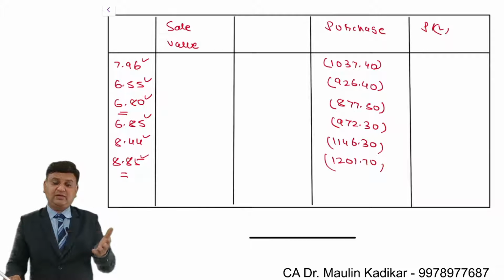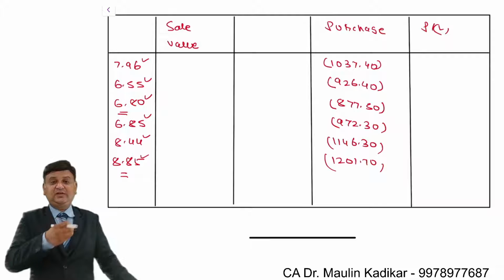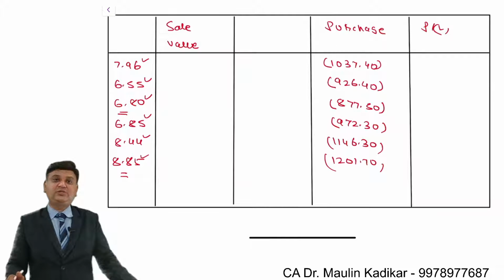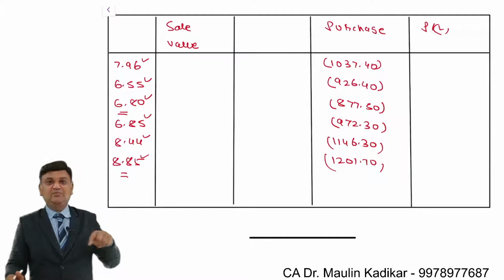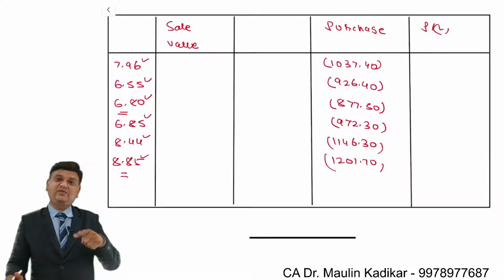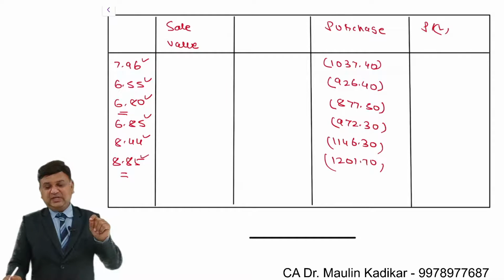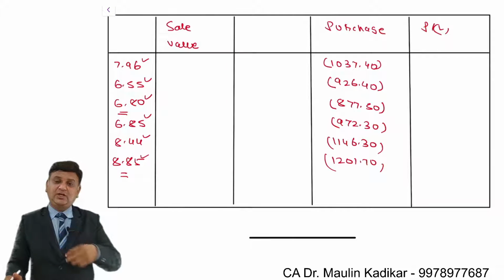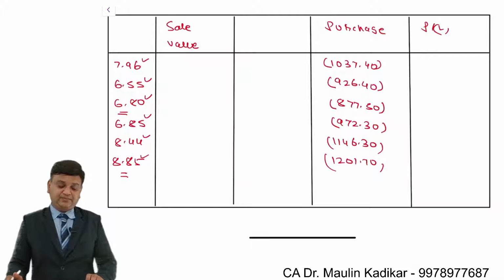However, if I give delivery of a good security, the sale price which I am going to get will be more, and if I give delivery of a poor security, my sale value will be less. So the sale value will not be the predetermined value, but it is going to be adjusted with the conversion factor.